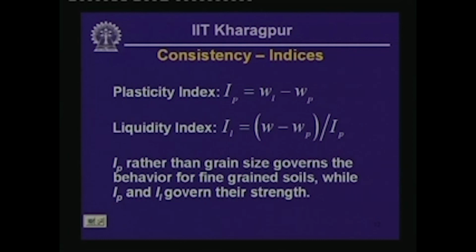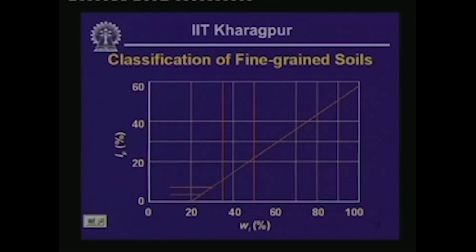Plasticity index is a good indicator of the strength behavior of fine grained soils, and Ip, the plasticity index, and liquidity index, both of them are indicators of the strength behavior of fine grained soils. And the sensitivity of fine grained soils is measured by the liquidity index. What is meant by sensitivity, we are going to come to that in one of the future presentations.